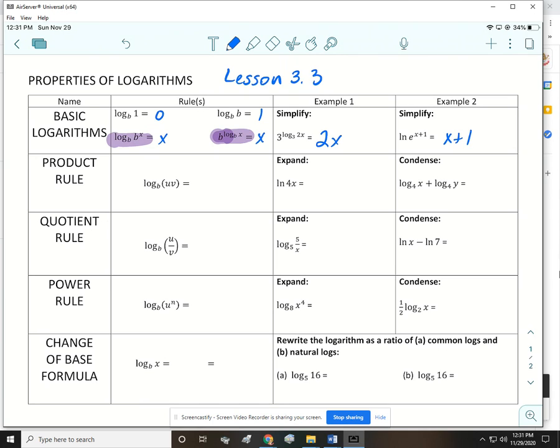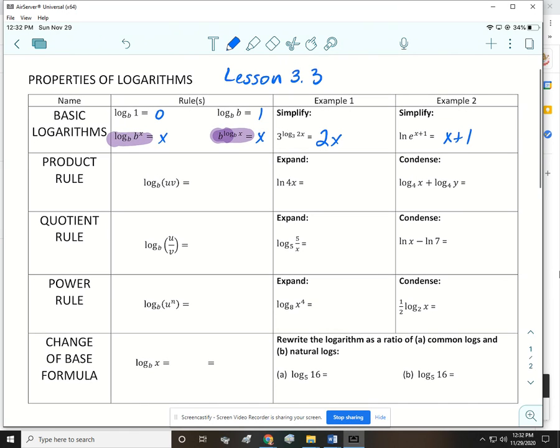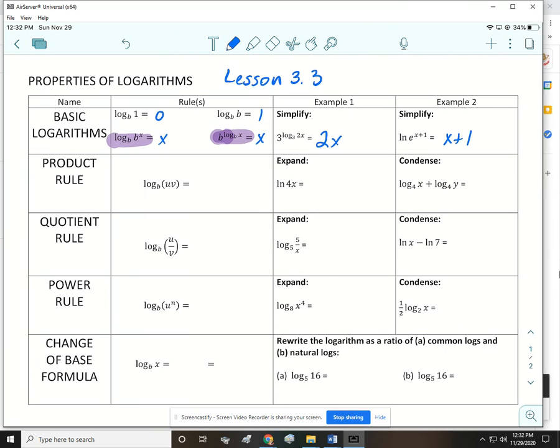The new ones are the product, quotient, power rule, and the change of base formula. So the product rule kind of goes with the rules for multiplying when you have the same base, what you do with the exponents. So if you guys remember, back in algebra, when you were multiplying x to the third times x to the second, you would add the exponents together.